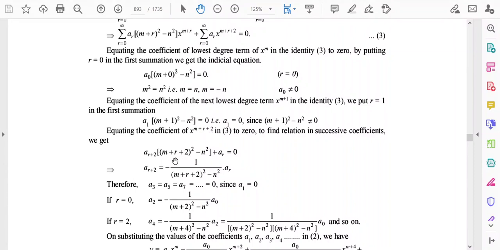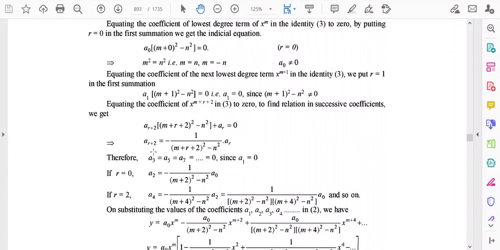So this is the coefficient of x to the power m plus r plus 2 and that is equal to 0. So from this relation, there is a relation between ar plus 2 and ar. So from this general relation, we can find the different a coefficients.